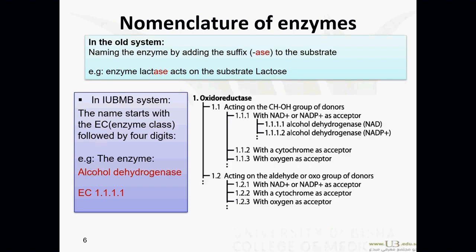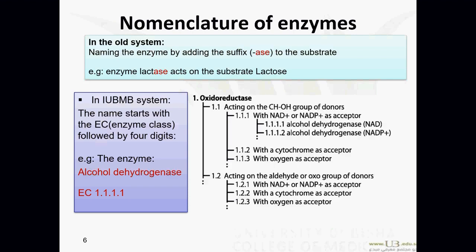Then digit number 3, the sub-subclass, belongs to the type of oxidation reaction which is facilitated by the acceptor of the hydrogen ion. It can be either the oxidized form of NAD or the oxidized form of NADP. So these are the acceptors of the hydrogen ion which is split from the specific type of substrate.